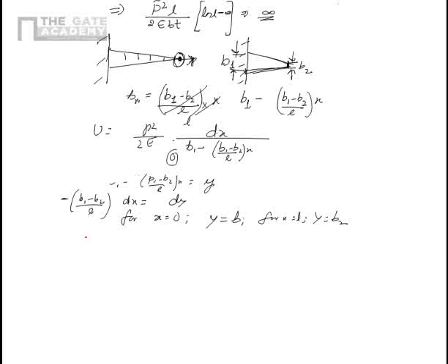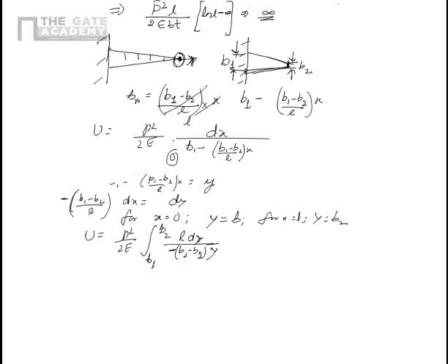So this U will become P square upon 2E integral from b1 to b2, and dx can be converted to dy upon this quantity. So that is L into dy upon minus b1 minus b2 into y.